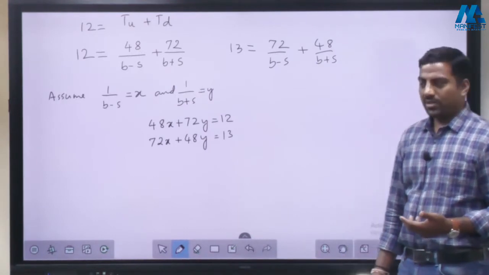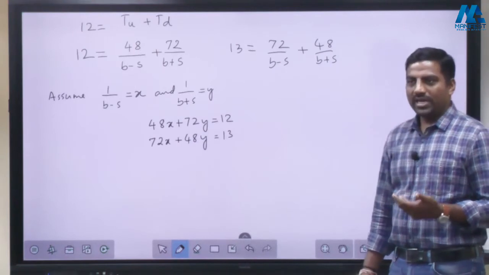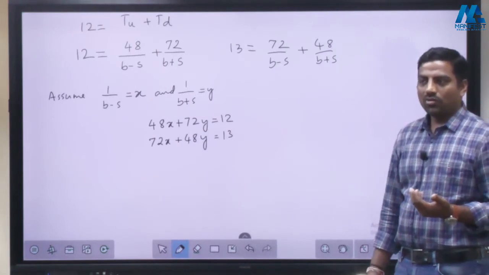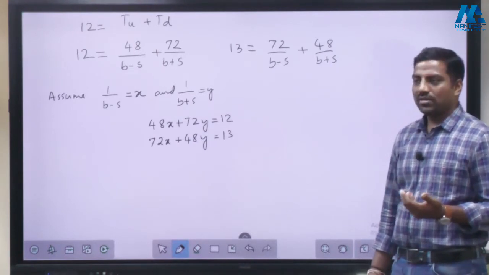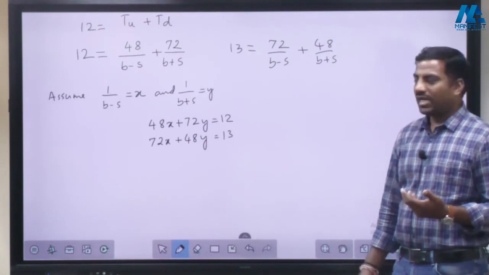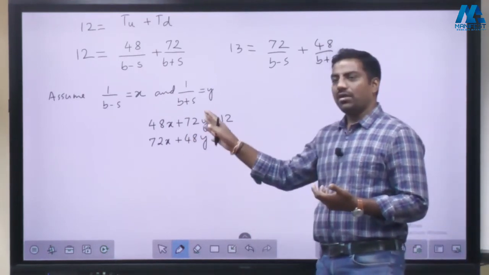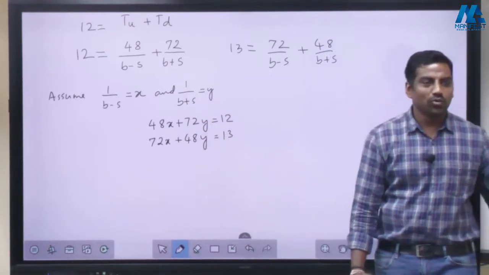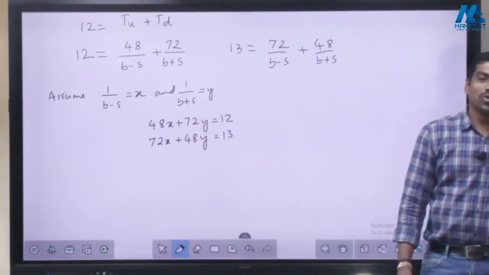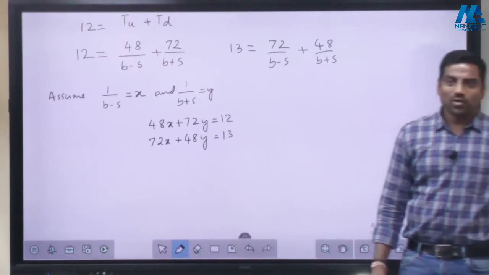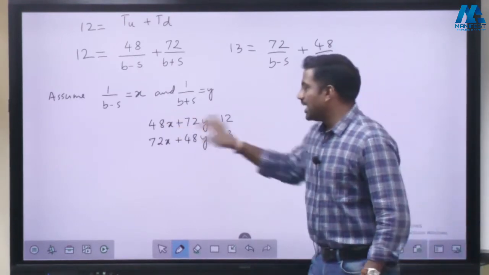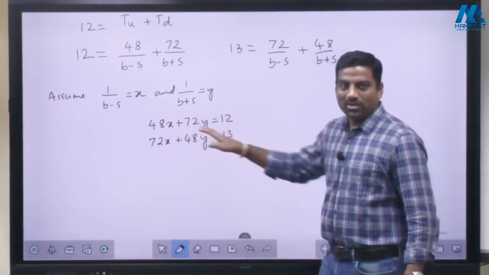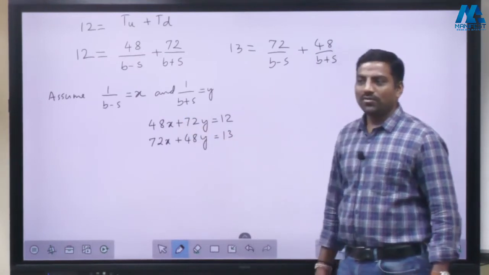Which one you want, X or Y? We'll try to cancel X. We'll find out Y. But coefficients are different, 48 and 72. How to do? What to do? Multiply. So how do you multiply? For the entire equation into 72. For the entire equation, 48.